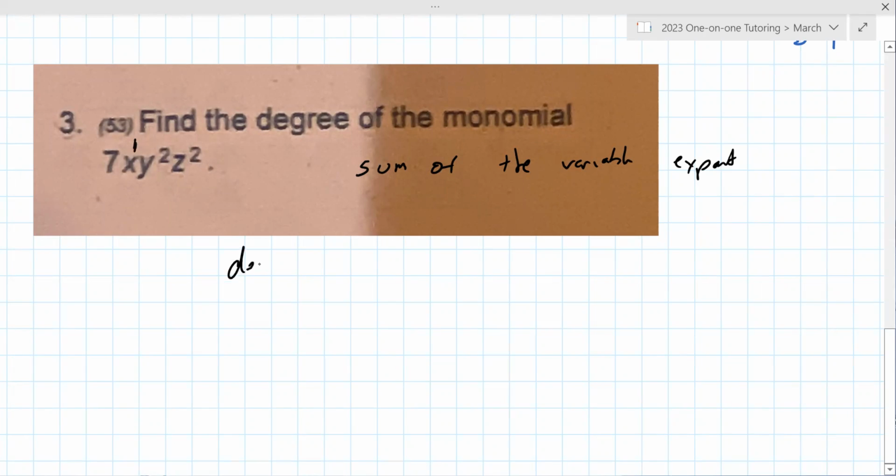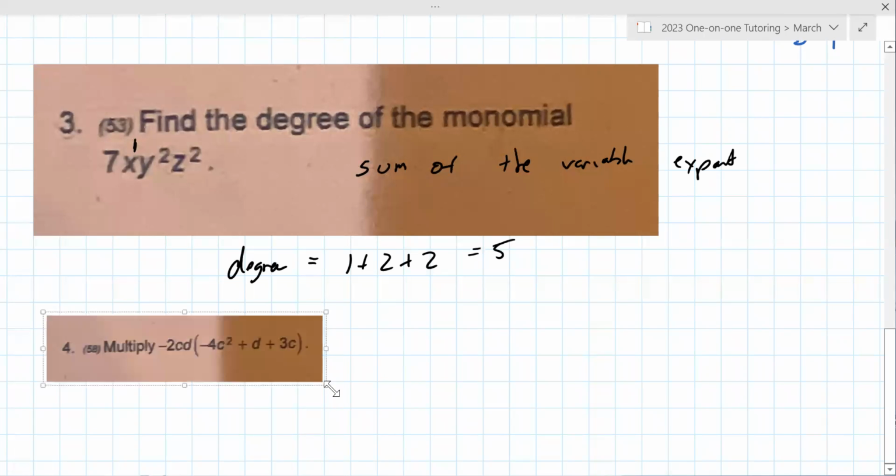So the degree in this case equals 1 plus 2 plus 2. So the degree is 5. Knowing that formula, knowing it's the sum, that's the shortcut to being able to do a problem like that.